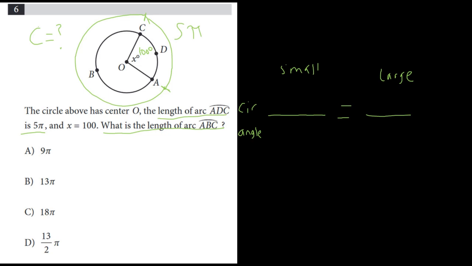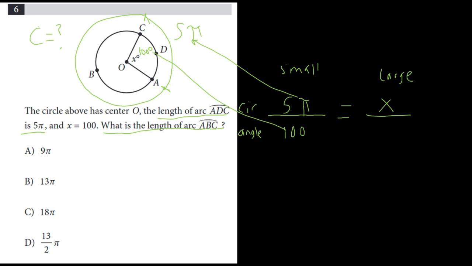So if we look at the small circumference, we know it's going to be 5 pi, which is over here. And if we look at the smaller angle, it's going to be 100 degrees, which is over here. Now, the large circumference, we don't know because we put a question mark, so it's x. And then we're going to look at the larger angle.